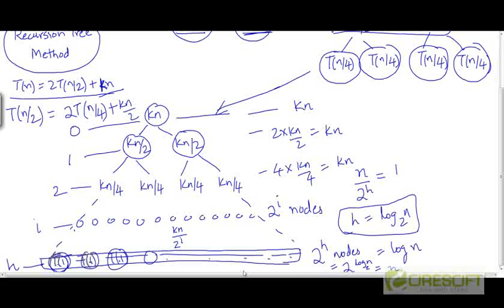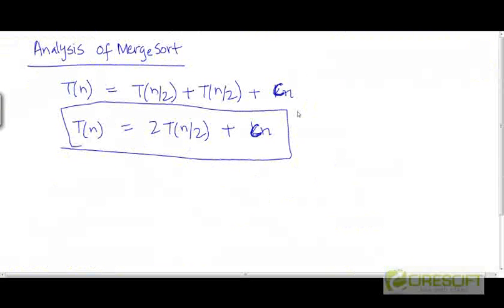except for the very last level, because at the very last level we have n nodes, but the cost of each node is given by T of 1, whatever our base case value for T was. So actually in this recurrence relation, we are assuming that the value of n is greater than 1.